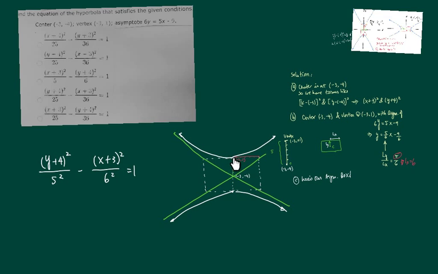With the vertex given at (-3, 1), we see the curve is sitting along the y direction. Thus, the y term has to come first: y plus 4 because the center is shifted, and then the 6 is the distance we calculated along x, and the 5 is along the y direction. Putting all this together, the final answer is this one in the box.